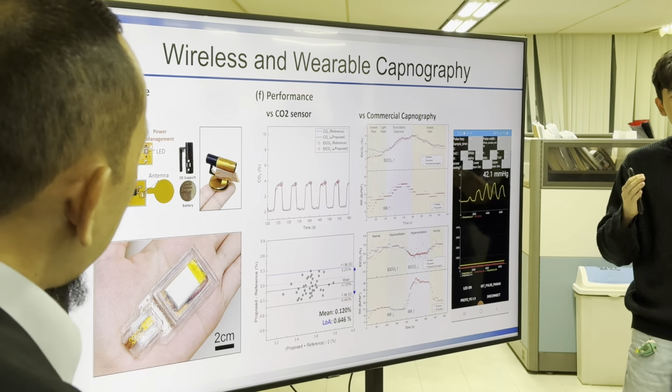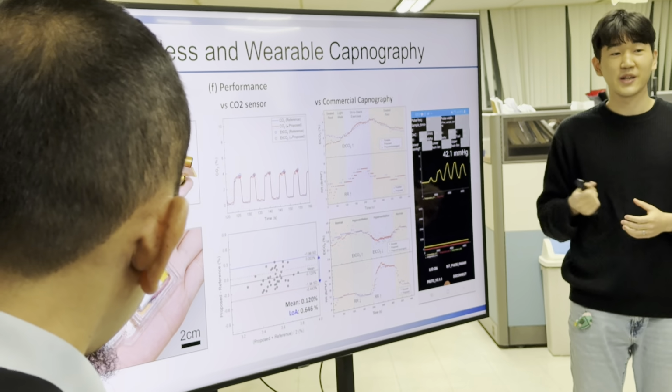Yeah, in the graph you can see here, your red line is below the blue line. So why is it not up to the mark at the beginning? Yes, in the beginning. That is because of the start time of our device. You need to find out the reason why it's not initially performing up to the mark, while the other one is. That's actually a great point that we are working on right now.